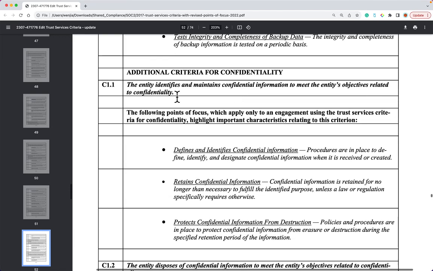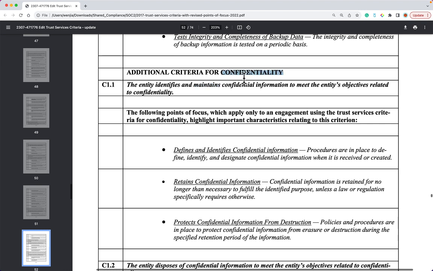Next one, additional criteria for confidentiality. So the entity identifies and maintains confidential information to meet entity's objectives related to confidentiality. So this principle, first you need to identify.